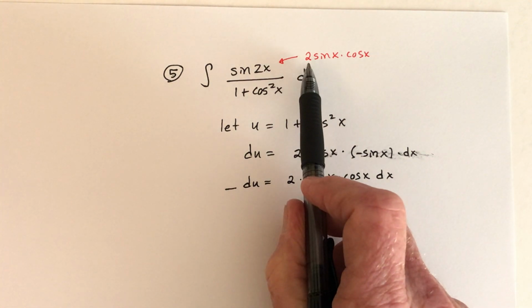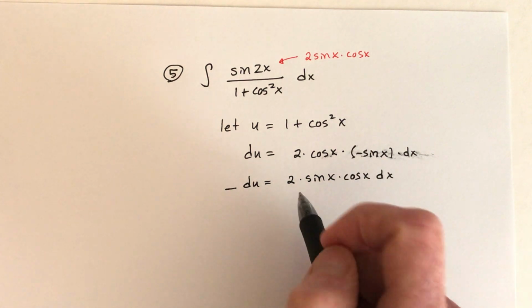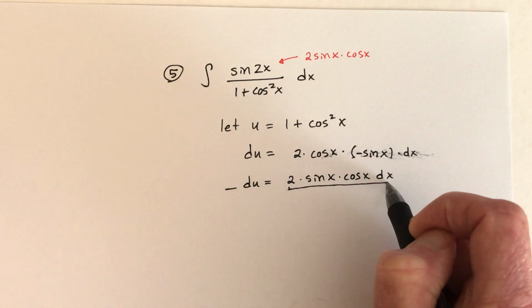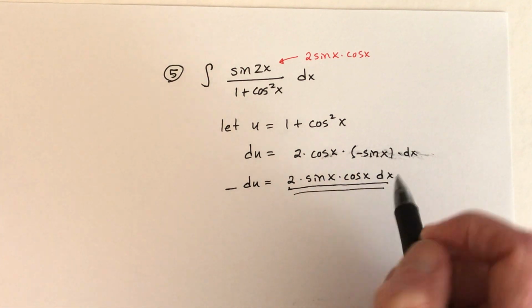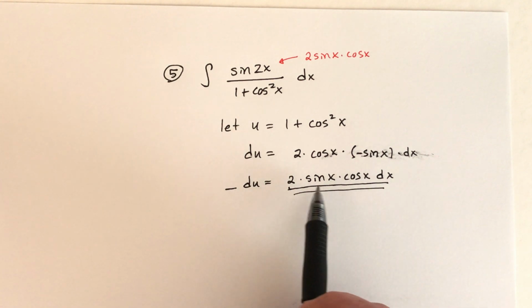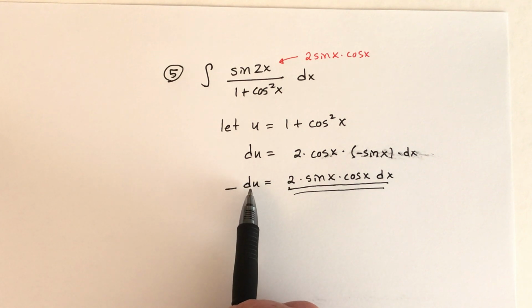And then because the top is equal to 2 sine of x times cosine of x, that means that this whole thing gets replaced with just negative du. So one of the other great things about u substitution, you take something that's more complicated and you replace it with something simpler.